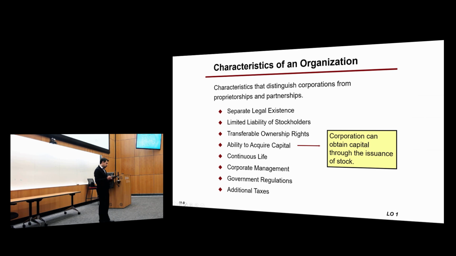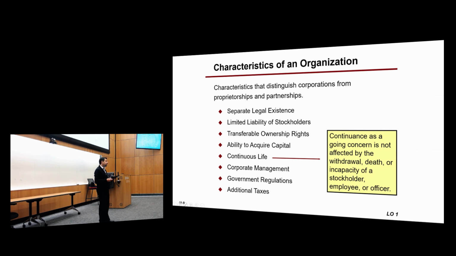Again, continuous life. We talked about that one time. Continuous life is linked to the fact that ownership rights are easily transferable. With a partnership, the company might be dissolved in the case of death of one of the partners. With a corporation that is publicly held, the stock is traded in the stock market.